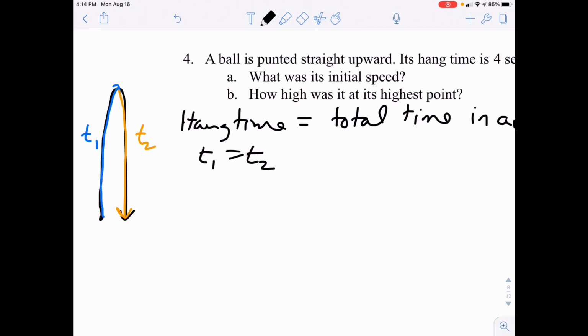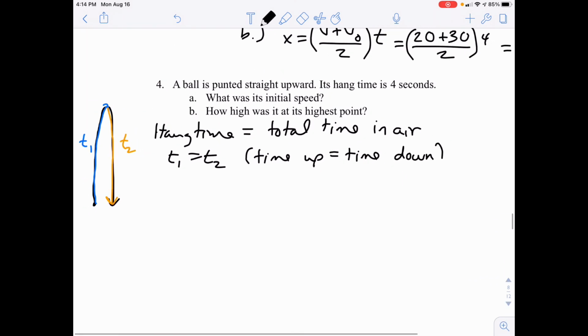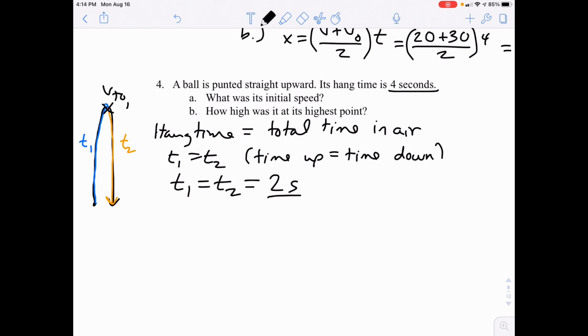In other words, time up equals time down. Now, if the total time was 4 seconds, that means T1 equals T2 equals 2 seconds. We have to cut that in half. Another thing we should know is that in order to change direction, the velocity at the top has to equal 0. So let's make a note of that: velocity at the top equals 0.